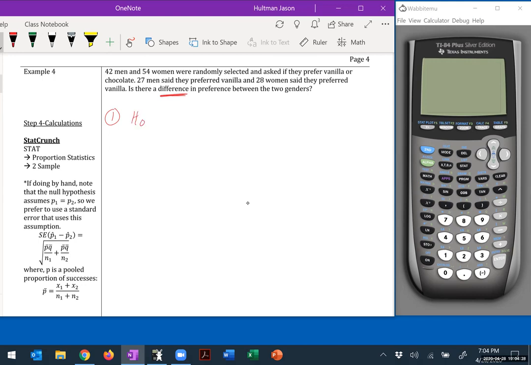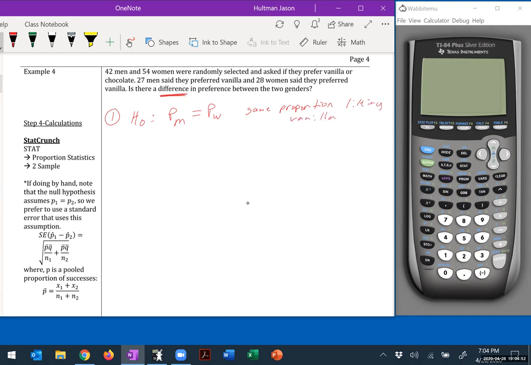We're going to have our null as that the proportion of men who like vanilla and the proportion of women who like vanilla is the same. Same proportion liking vanilla.